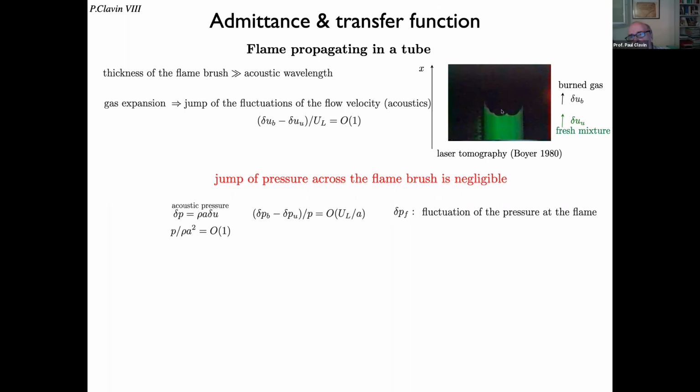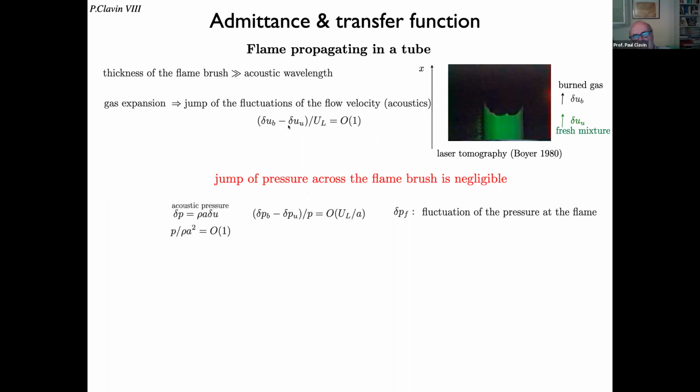Assume that the acoustics is one-dimensional, so you have here a flame brush, the fresh mixture on one side and the burnt mixture on the other. Call delta U the longitudinal fluctuation of the velocity in the fresh mixture, and delta B the longitudinal fluctuation of the flow velocity in the burnt gas on the burnt gas side of the flame brush.